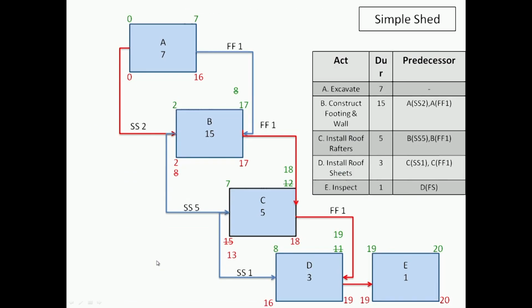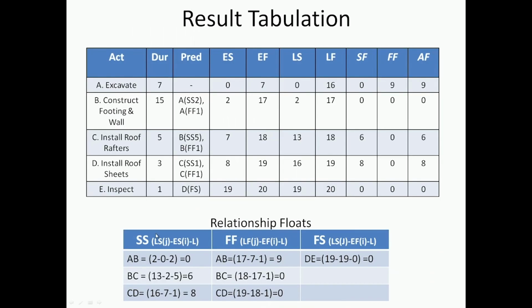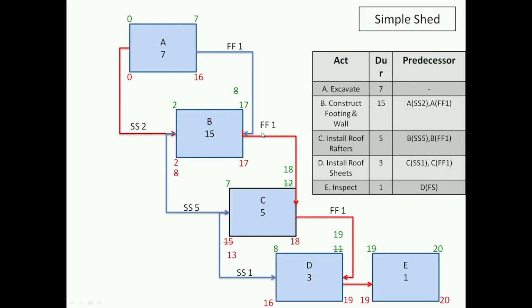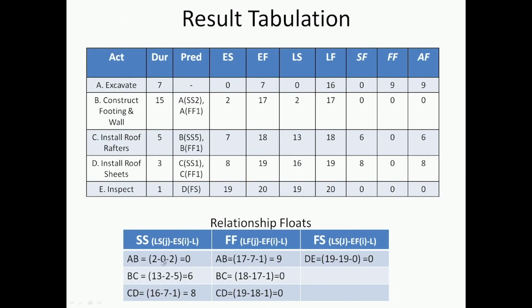Basically we are calculating it here with 2 being the value of the late start and 0 being the early start, so 2 minus 0 is 2. Similarly, if I take a finish relationship, I have AB, again this is a finish with a lag of 1, and I am looking at the finish here.